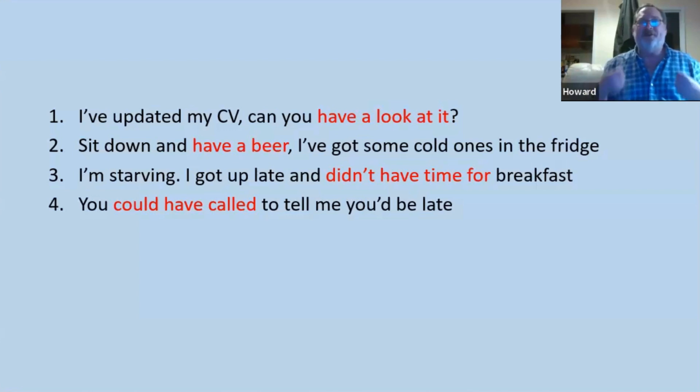But can I suggest that just occasionally, rather than saying today we're going to do present perfect, maybe say today we're going to do anyway, or today we're going to do actually. Actually is a brilliant word.